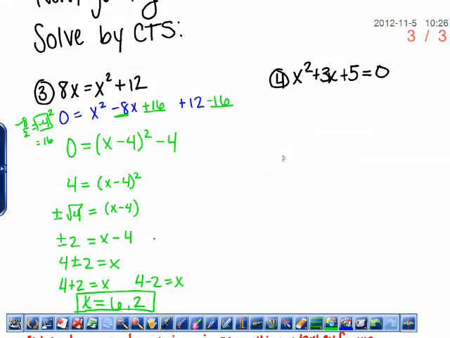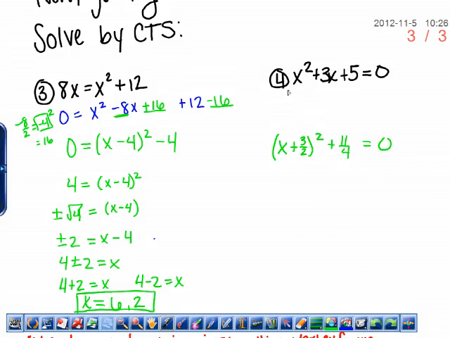For your vertex form, you should have gotten x plus 3/2 squared plus 11 over 4 equals 0. That would be positive. So let's look at this.